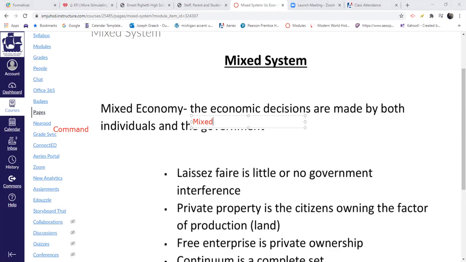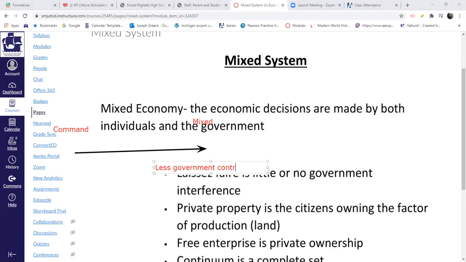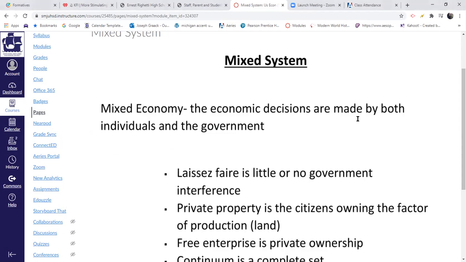As we move away from a command economy, we are noticing that there is less government control in each of these economic sets. So as we move from left to right, the one thing that you want to see is that there is less government control in these economic systems.